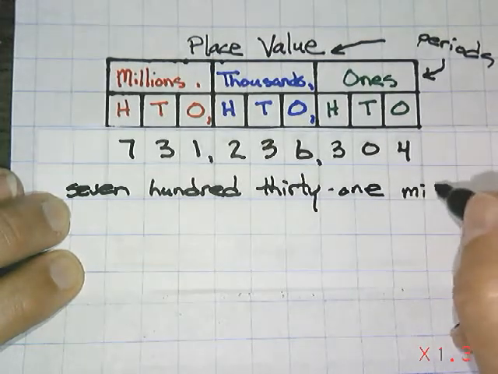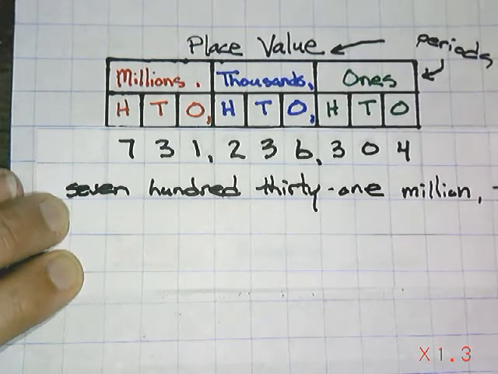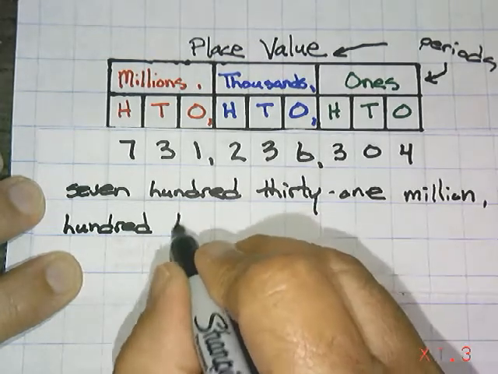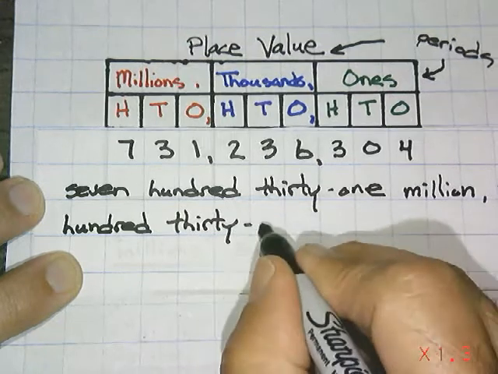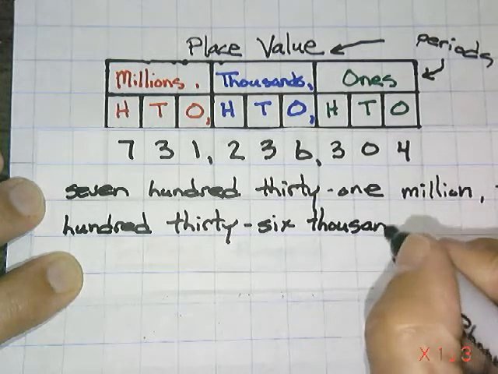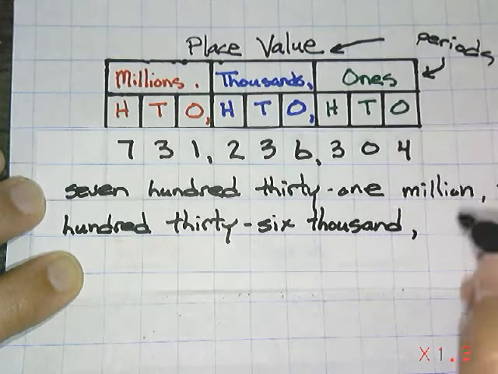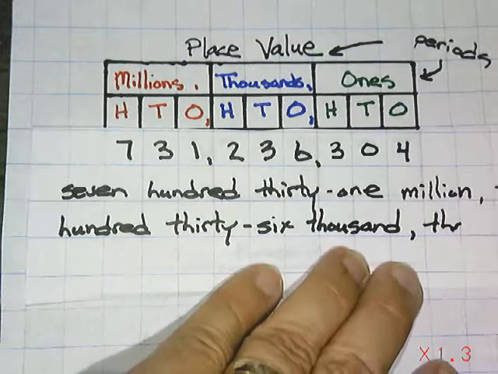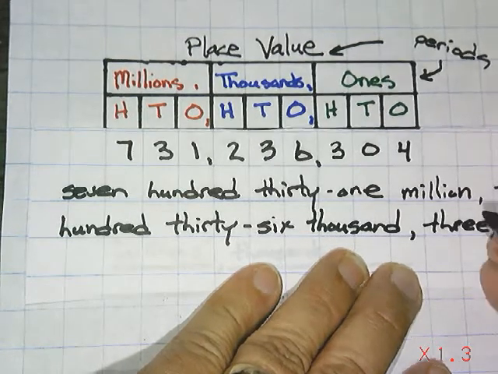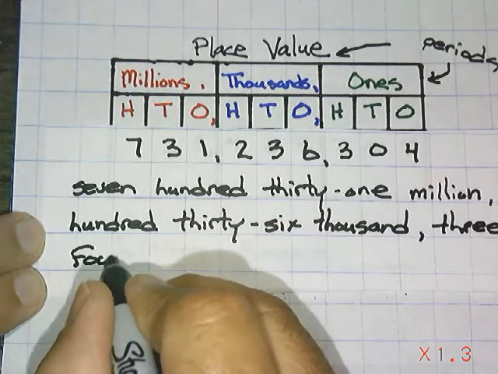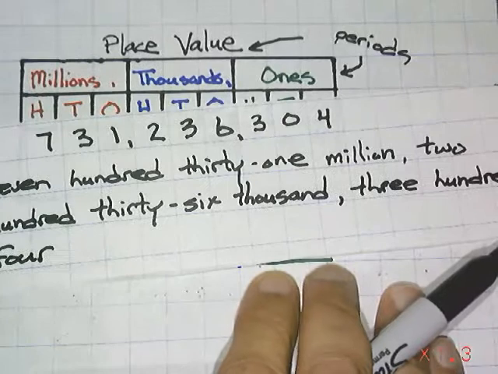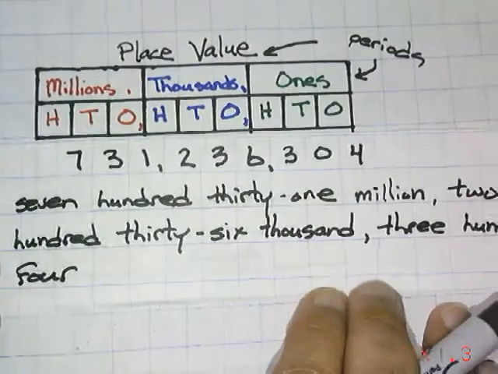Seven hundred thirty-one million, comma, two hundred thirty-six. And remember, that's in the thousands, so we say thousand, comma, three hundred four. So there's word form for 731,236,304.